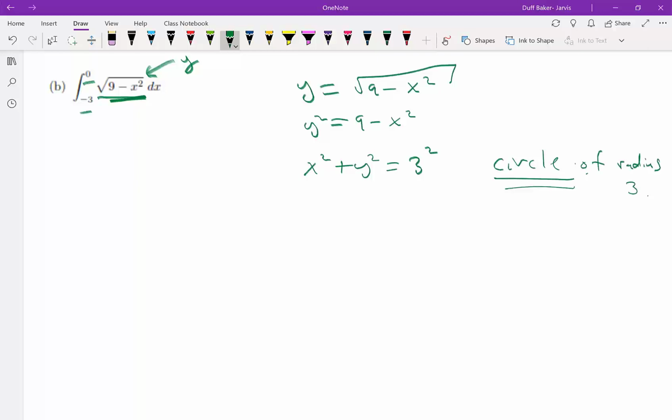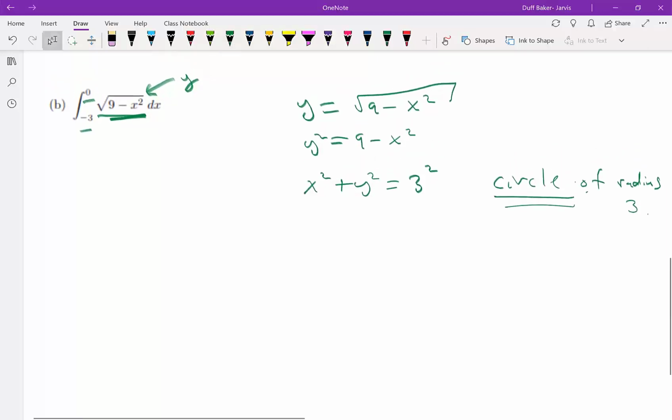So this is something we can do, but we have to make sure we get the right part of the circle, right? So if I look at what I had, I really had this thing, square root of 9 minus x squared. And if we're thinking of that as giving the y value, this will always output a positive number. So this right here is not the whole circle, it's the top half.